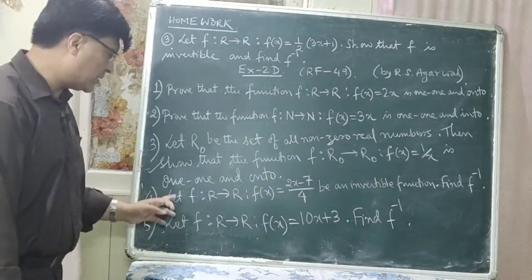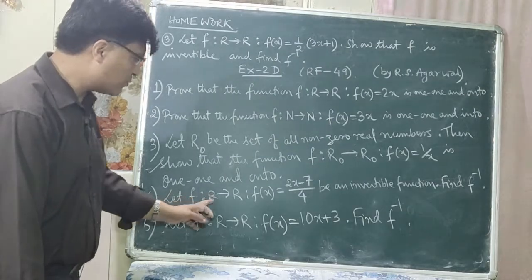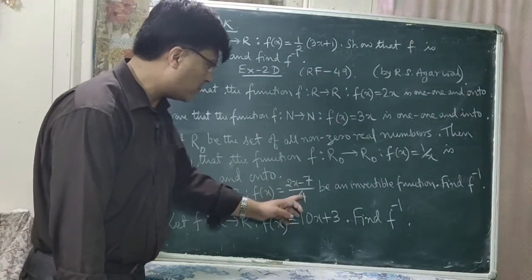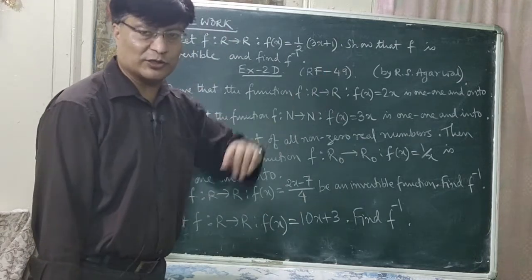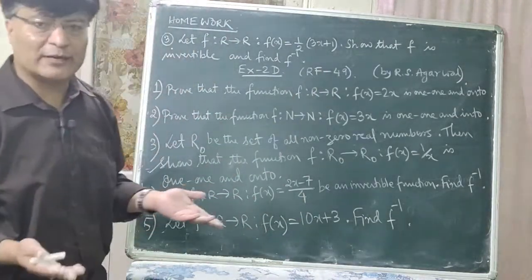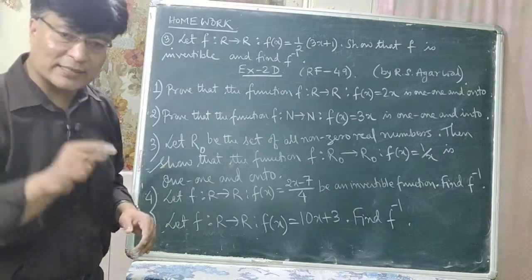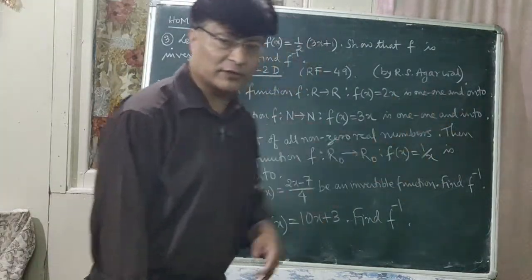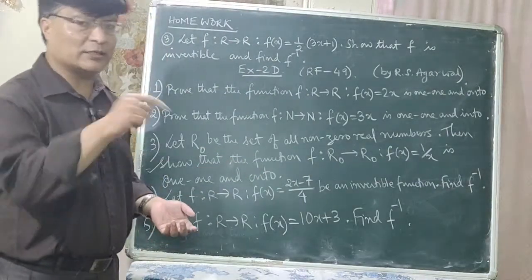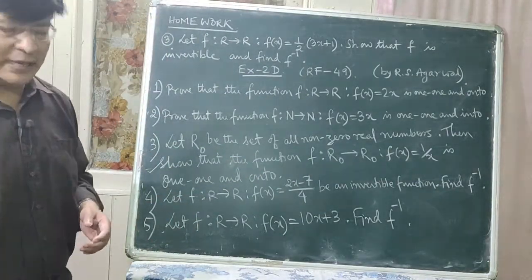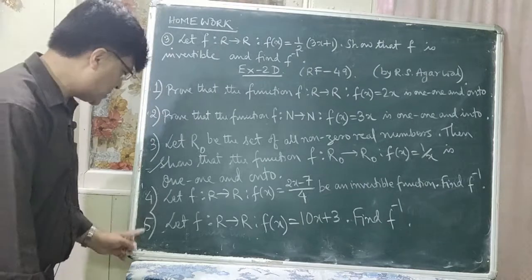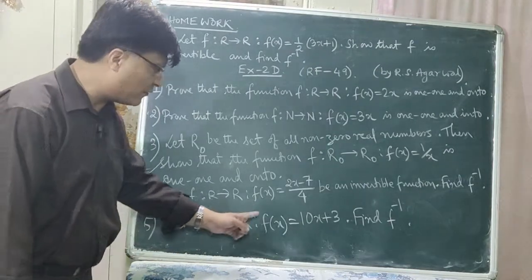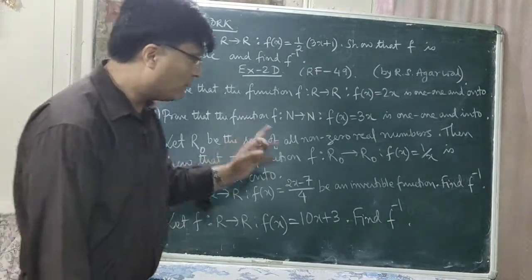Question number 4 is: let the function f from real to real numbers defined as f of x is equal to x minus 7 by 4 be an invertible function. Here it's given as an invertible function, so you don't have to show that this is 1-1 and onto. Just find f inverse. Suppose y is f of x; express x in terms of y and you can get the value for f inverse. Next, question number 5: let f from real to real numbers be defined as f of x equal to 10x plus 3. Find f inverse.